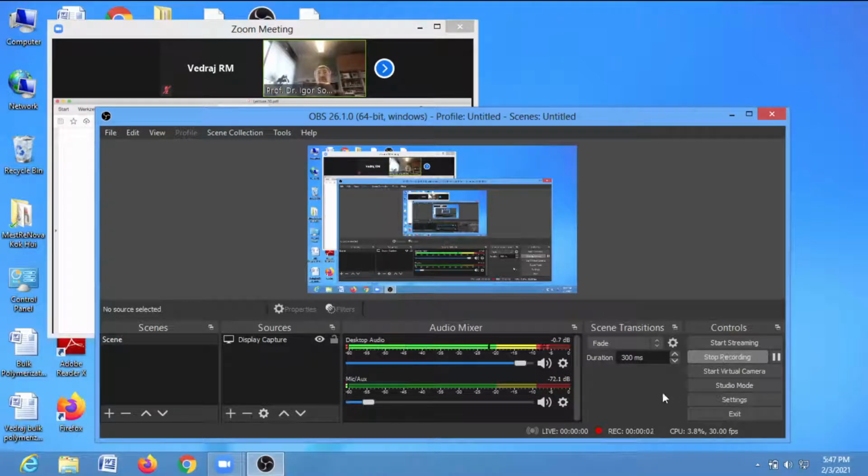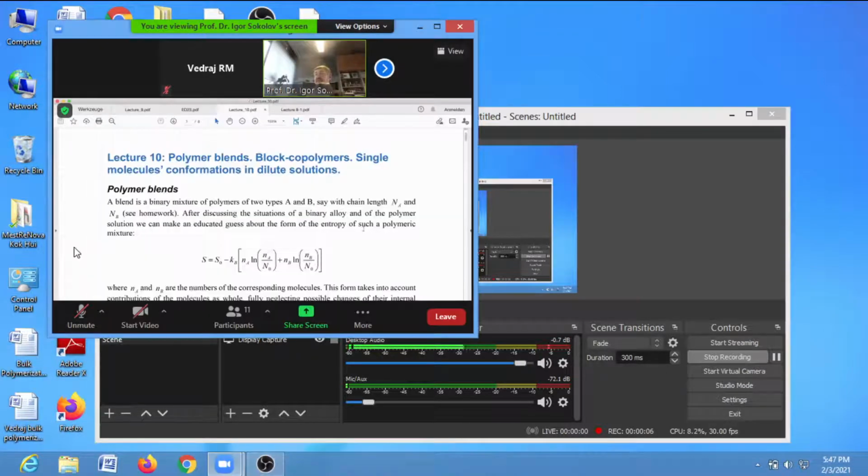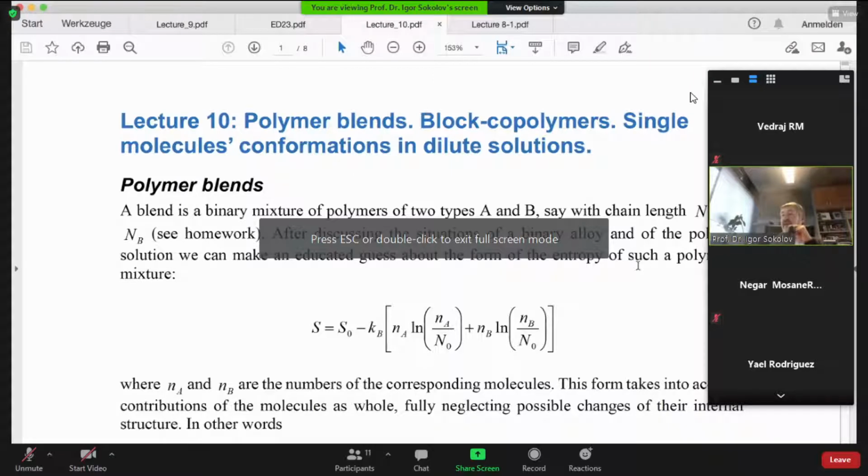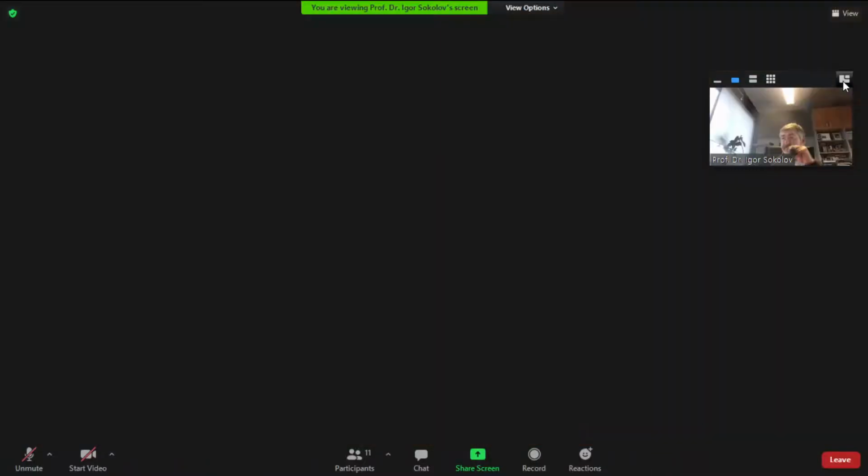Without really leaving the frame of the initial Flory-Huggins approach, let us consider polymer blends. The polymer blend is a mixture, a solution of a very high molecular weight polymer in a high molecular weight solvent.